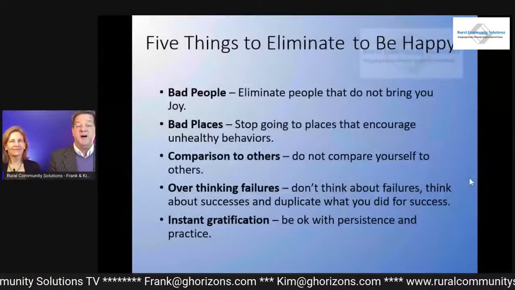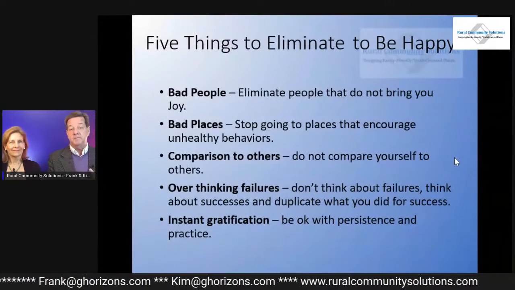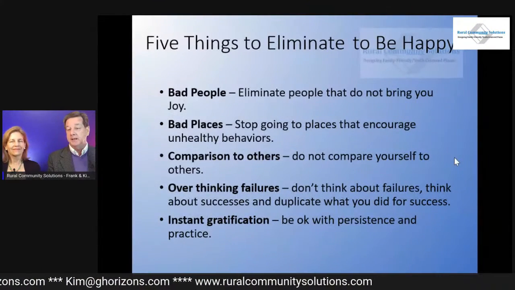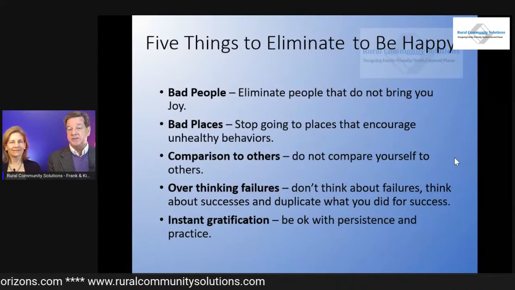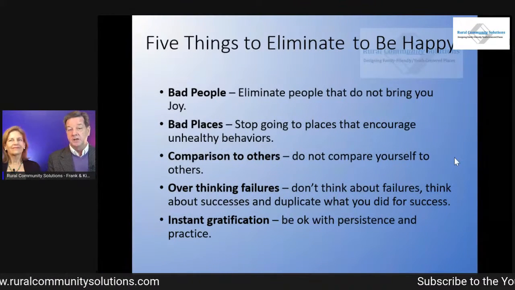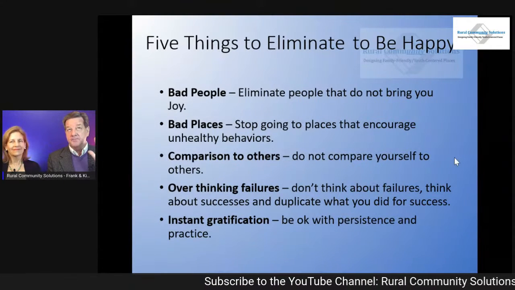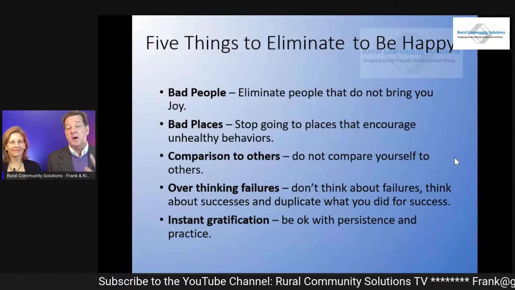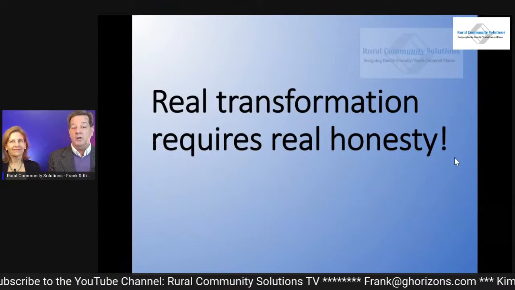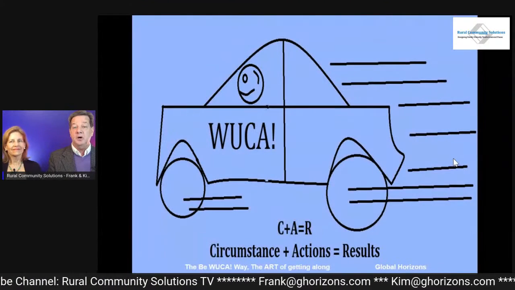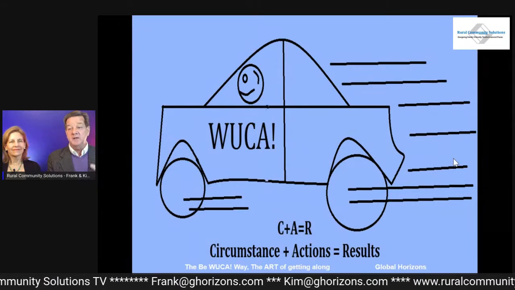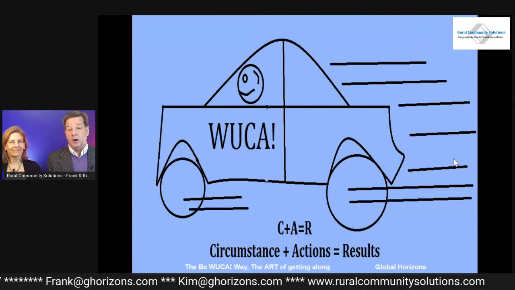And so as we look at these 5 things: eliminate bad people, eliminate bad places, stop comparing yourself to others, don't overthink your failures, and get rid of instant gratification. When you do all that, you are driving your car.